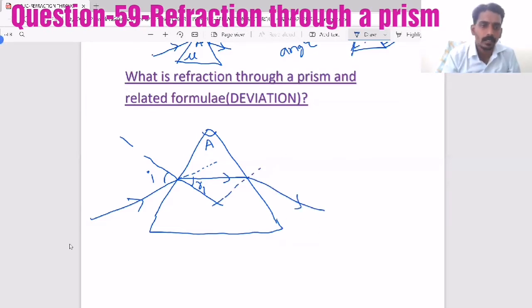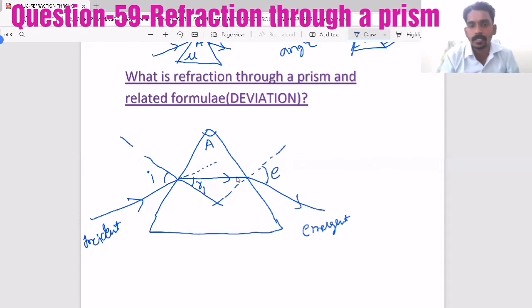So this is our incident light and this is our emergent light. Now here this is the refraction angle at the second surface, but as it is emerging out, we will take it as the emerging angle or angle of emergence, E. And here it is the angle of incidence at the second surface that we will consider as R2.